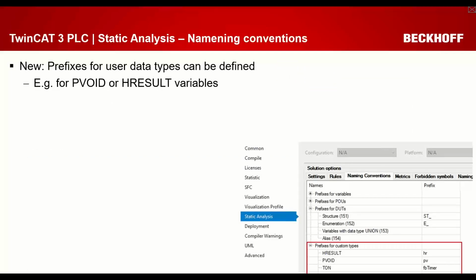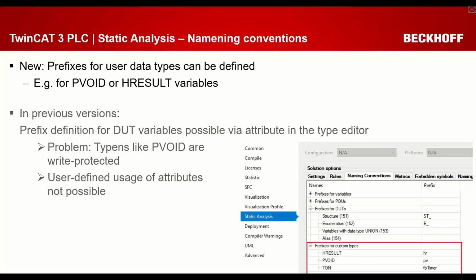And we have added another feature for naming conventions. So now it is possible to easily define prefixes also for user-defined data types, for example, pvoid and hresult. The problem here was that those data types were write protected because these data types were defined in the global data type system.